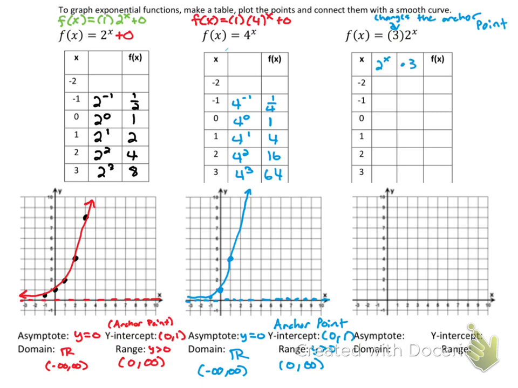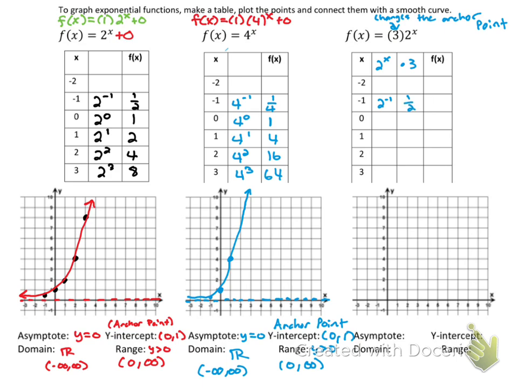So the way we set up this box, first we'll do PEMDAS, the exponent, right? 2 to the x power, and then we'll multiply it by 3, and we'll get the y, okay? So, started with -1 again. 2 to the negative first power is 1/2.